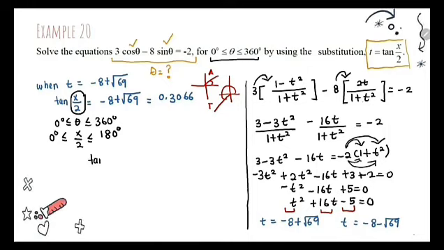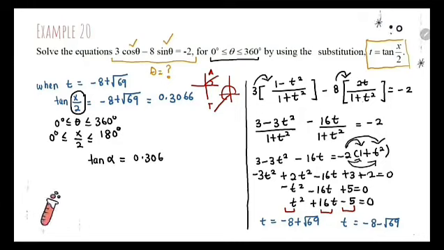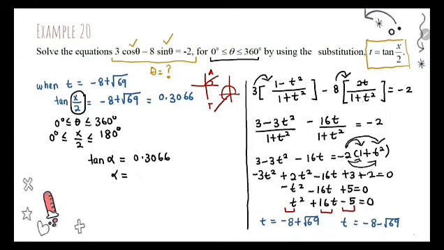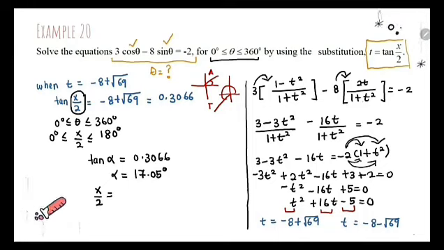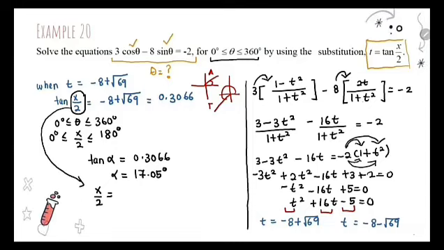Okay, the next step is to find your reference angle, tangent alpha, which is 0.366. So if you use your calculator, you will be getting alpha as 17.05 degree. So remember, this is just your reference angle, still not your answer. To find our answer, we will find x over 2 because this is tangent x over 2.